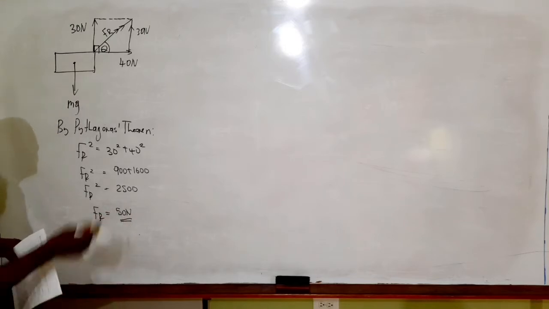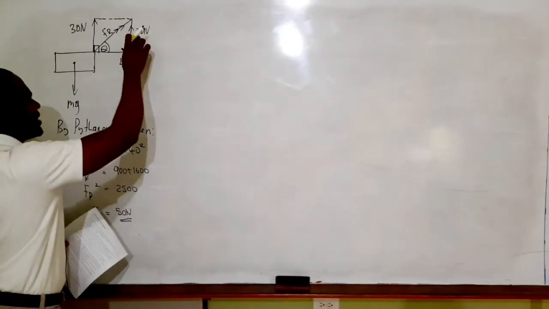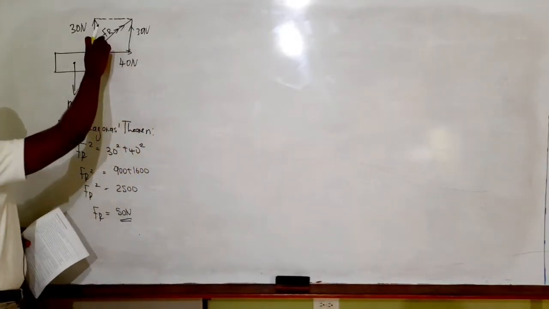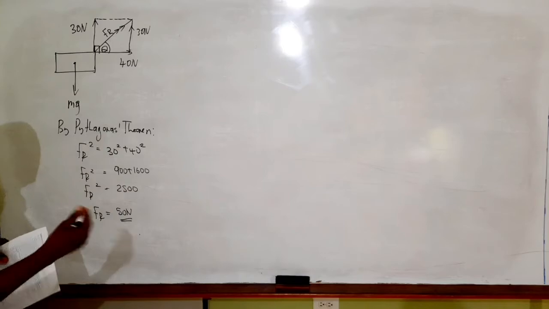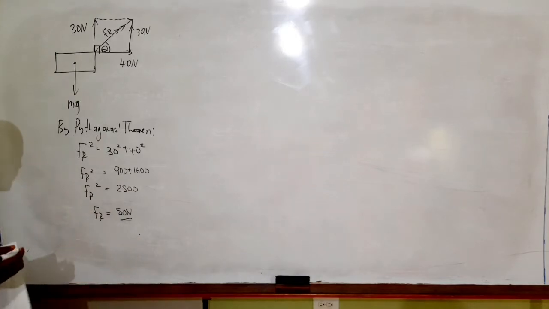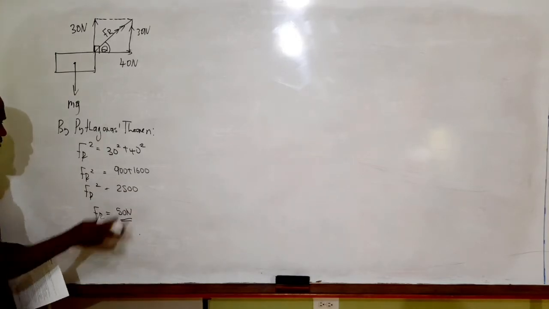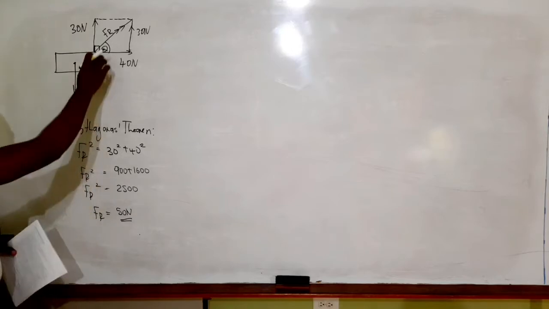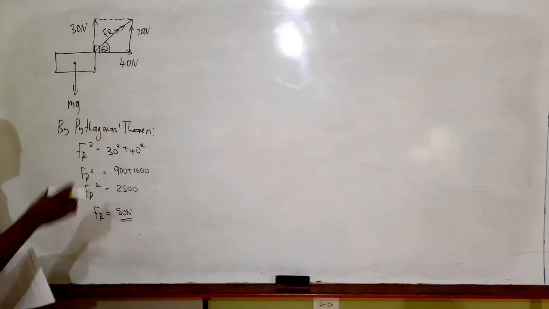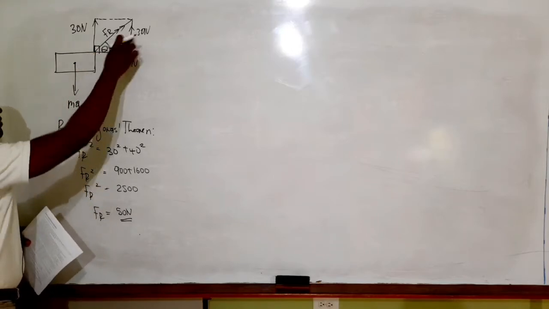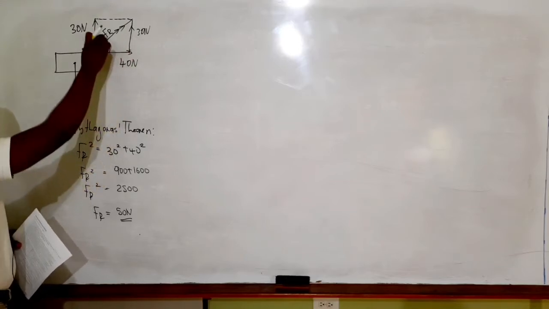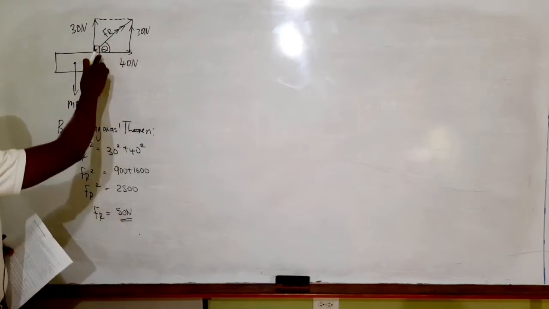As expected, because this is a right angle triangle with sides in the ratio 3 to 4, the hypotenuse of course must be 5. So the magnitude of the resultant is equal to 50 newtons, and we must now find the angle theta. We have theta, the opposite, and the adjacent. We found the hypotenuse, but let's use tangent of the angle.